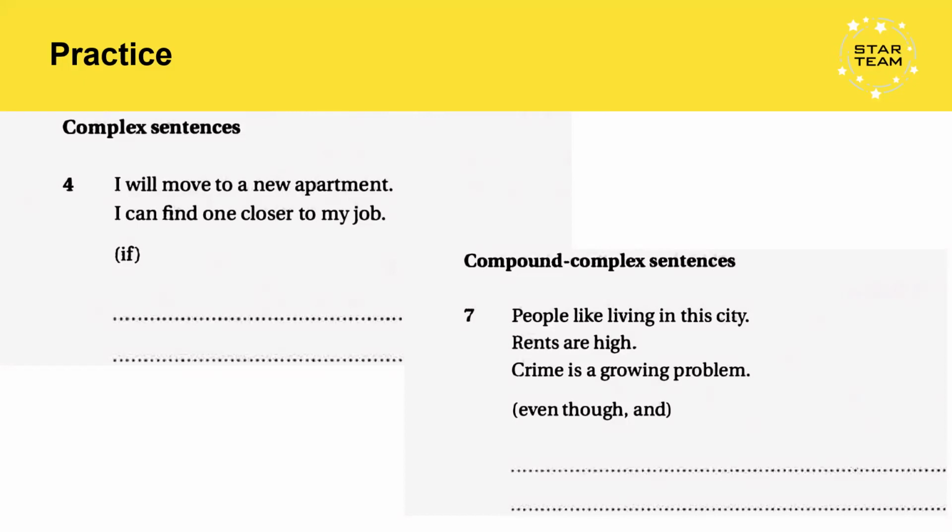The next: people like living in this city, rents are high, crime is a growing problem. So your task is to use even though and, yes? Guys, please be active.